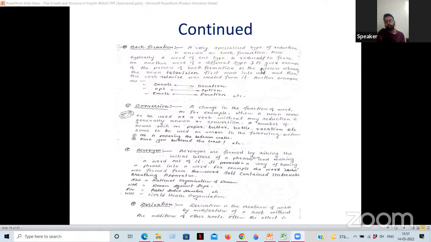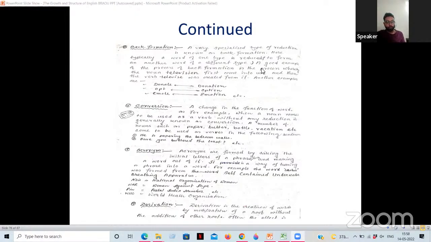For example, WHO is a linking word which also has a meaning in grammatical functions in the English language, but it has been taken from another phrase, that is World Health Organization. That is the name of an organization. If you take the initial letters from this organization, it will form WHO, and this is an English word.